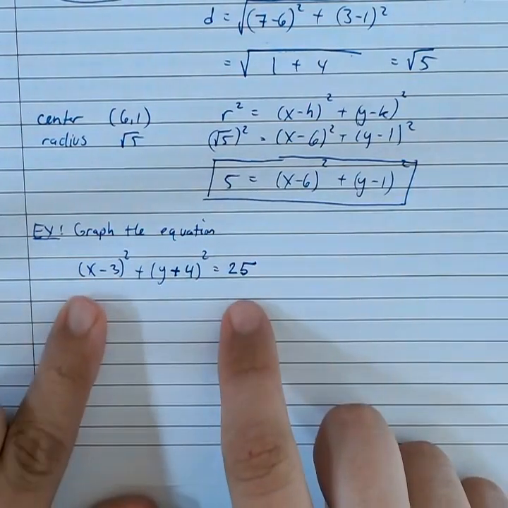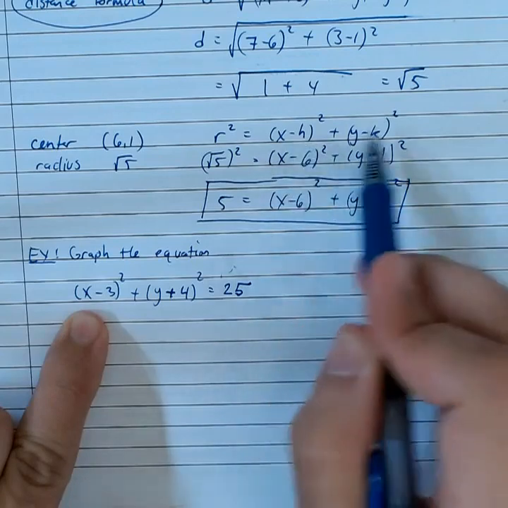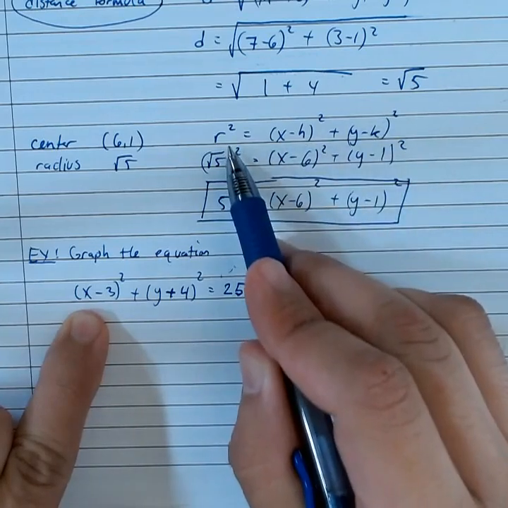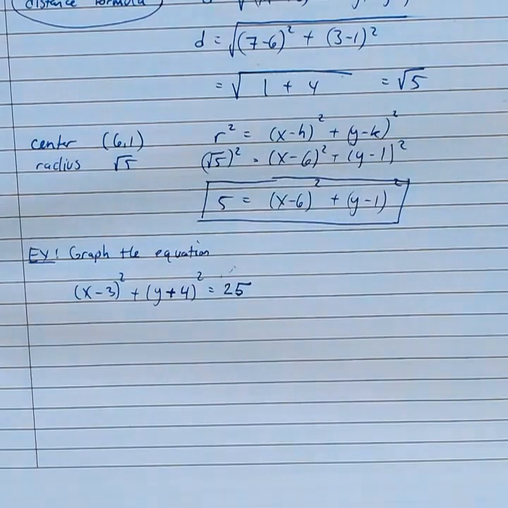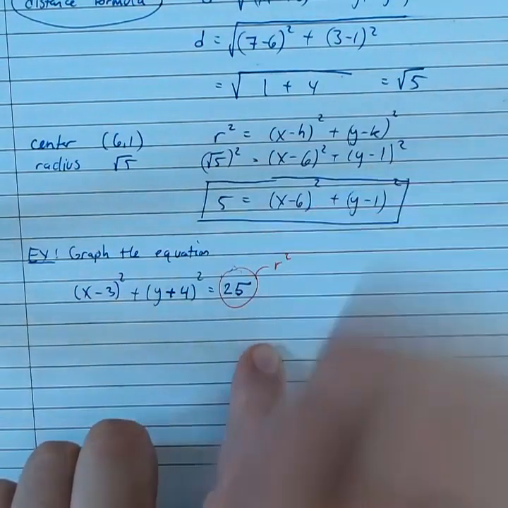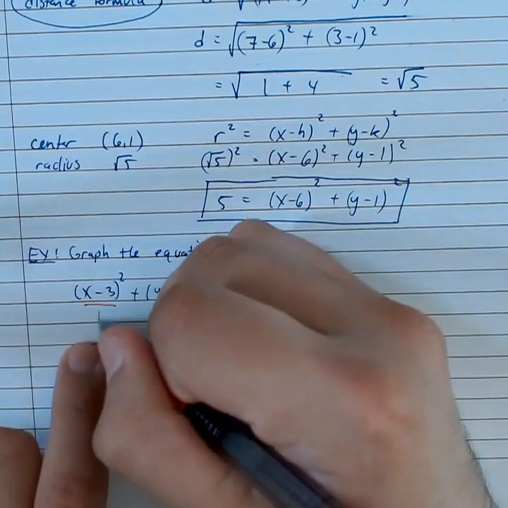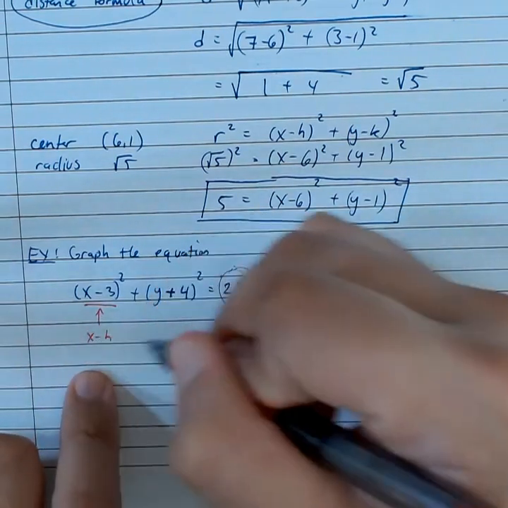Remember, the equation of a circle is going to give you the center and the radius. Here, this 25 is that r squared. This x minus 3, that is your x minus h.